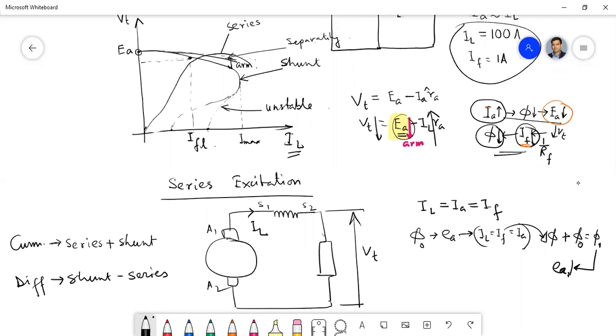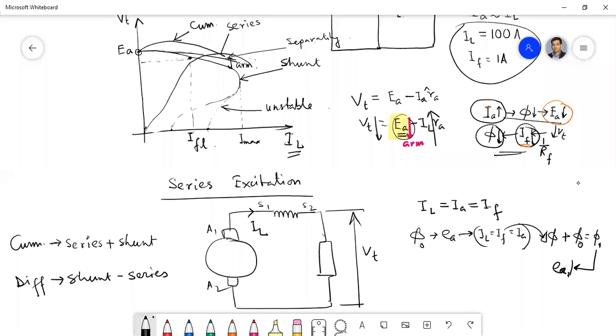So what type of characteristics will we get? For series plus shunt, you will get the addition of these two characteristics, depending on the proportion in which they are getting added. So we'll get this type of characteristics for cumulative compound, because here two characteristics are getting added.